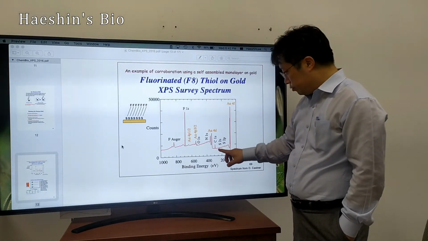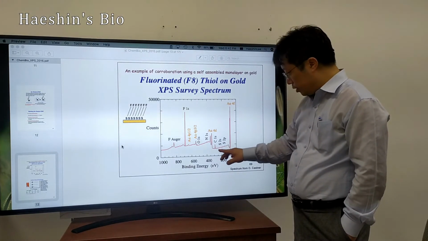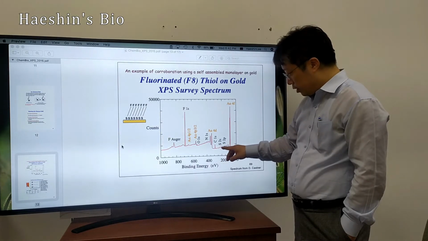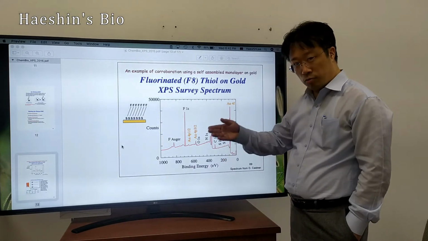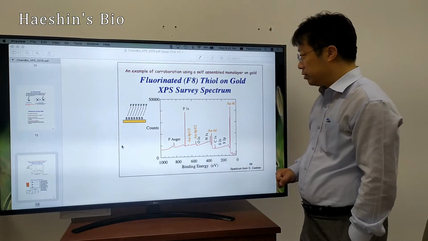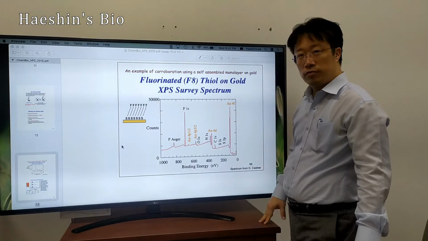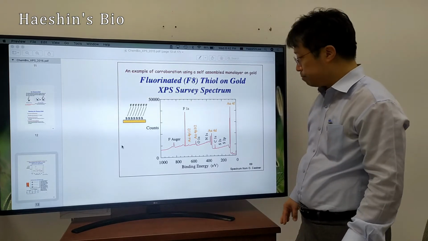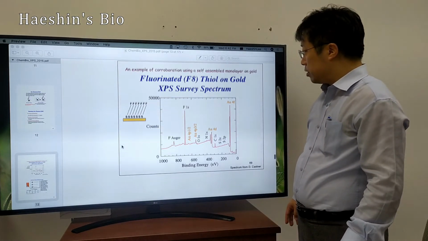But you can actually prove there is a peak, because you can scan and zoom in on this area and perform one more scan, and then you clearly see the peaks showing the existence of sulfur 2s and sulfur 2p. Okay, so this is another example.